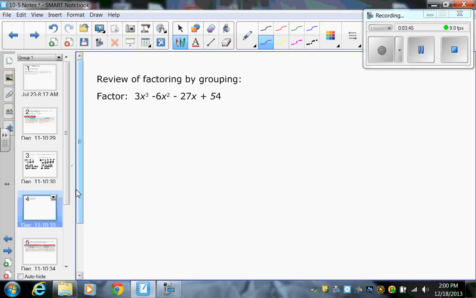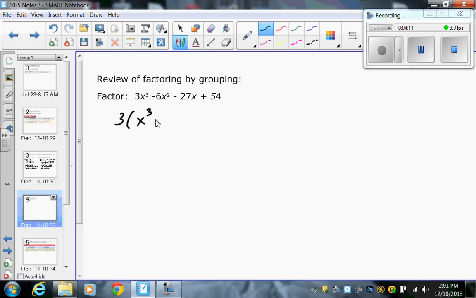Okay, let's review some factoring. First thing you always want to do with any factoring problem is to look and see, is there a greatest common factor? So is there a number or variable that 3x to the 3rd minus 6x squared minus 27x and positive 54 can all be divided by? In this case, we can pull out a 3.